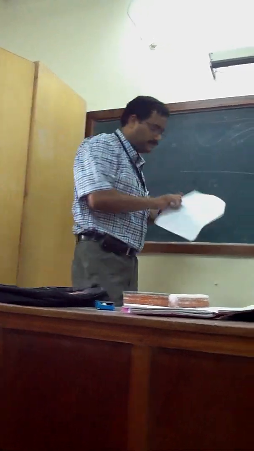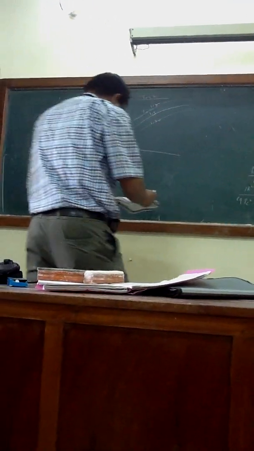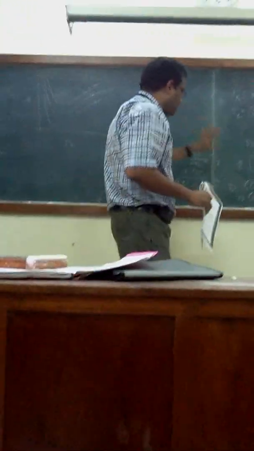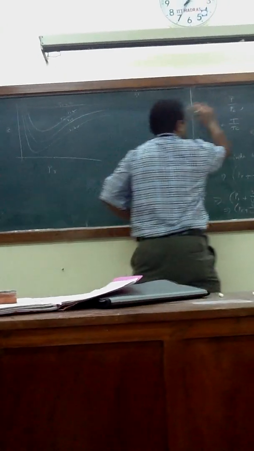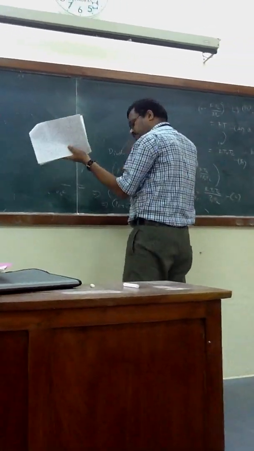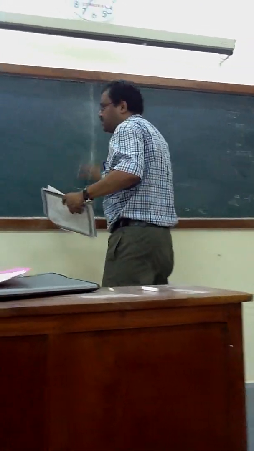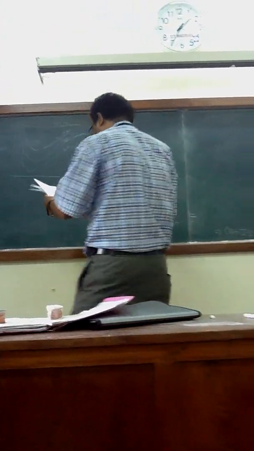So this is the equation of state. The question is, so far we don't know how to get it in terms of the compressibility factor. I will finish it in 1 minute. You have to go for lunch.